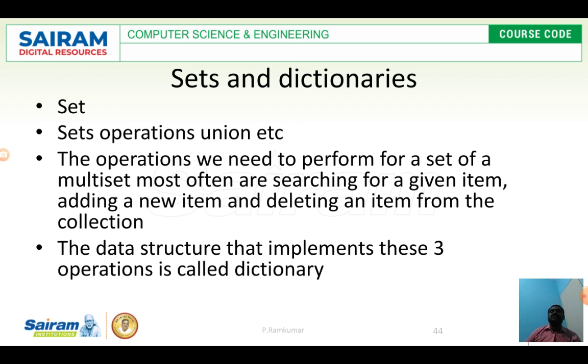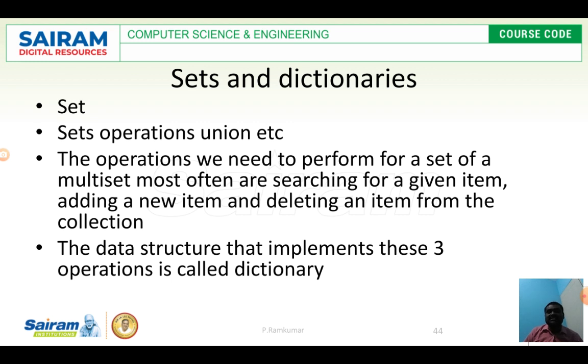Next we are going to discuss sets and dictionaries. A set means a collection of distinct elements, and we can represent anything in terms of a set. For example, a set of students in a class, a set of books in the library, a set of records for a particular laboratory class.